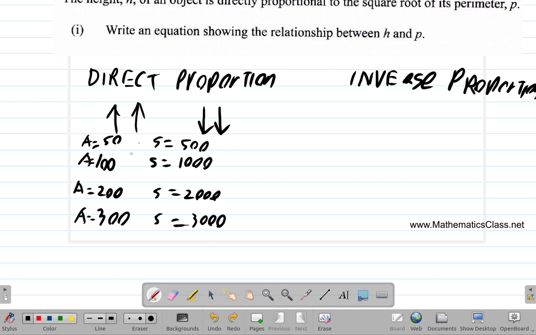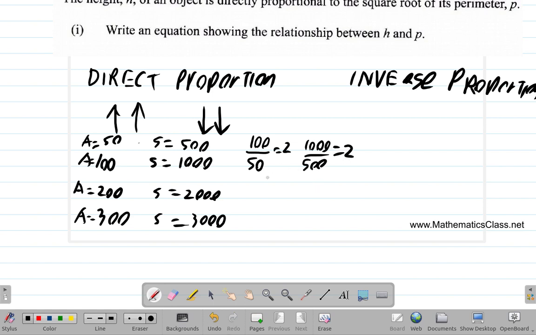Here, what you look at is that the $100 advertising divided by the $50 is 2, and the $1,000 sales divided by the $500 sales is equal to 2 as well.